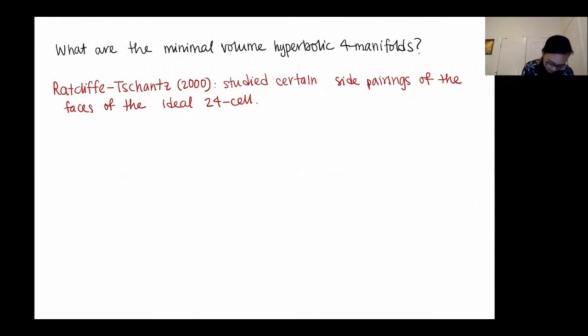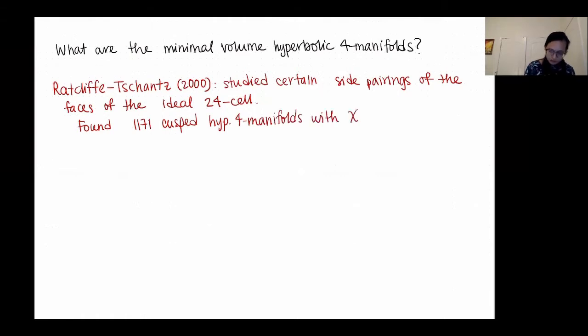And they found 1,171 cusped hyperbolic four-manifolds with Euler characteristic equal to 1, i.e. minimal volume.